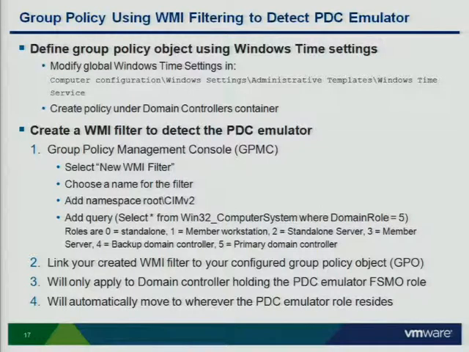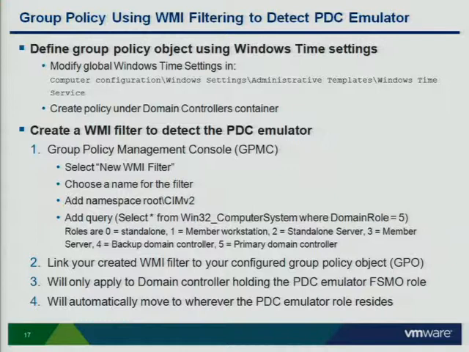But from a high-level perspective, what this slide shows is you can create a group policy for the domain controllers container. I'm sure you're all familiar with how policies work. There's a DC policy out there. You can modify that DC policy to use WMI filtering to locate the PDC emulator. Now, at the end of the day, that shouldn't necessarily move around too much, right? Change roles, but could.